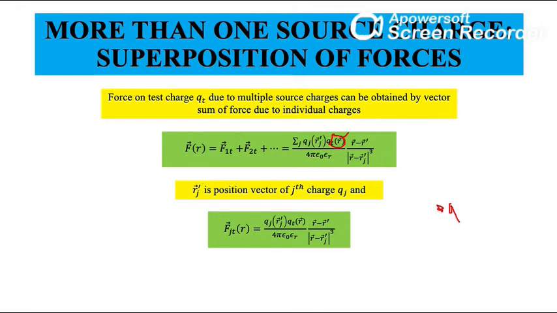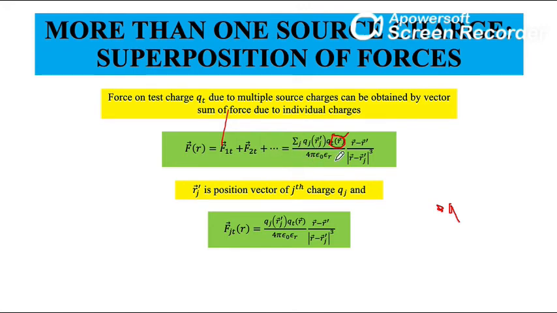And what I want to find out is the force experienced by the test charge, and this force will be given by a vector sum. This is not a scalar addition. This is a vector sum because individual forces are vectors. So what does F1T mean? It is the force because of the first charge on the test charge. F2T is the force of the second charge on the test charge, and so on.